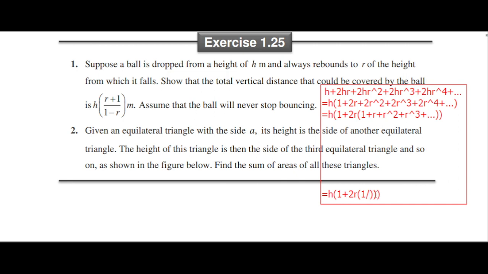So 2r into 1 over 1 minus r. Let's simplify this. This is equal to h times 1 plus 2r over 1 minus r.